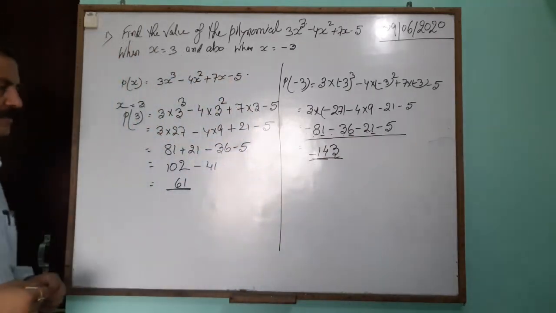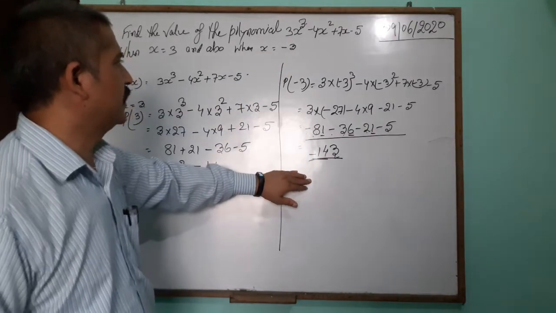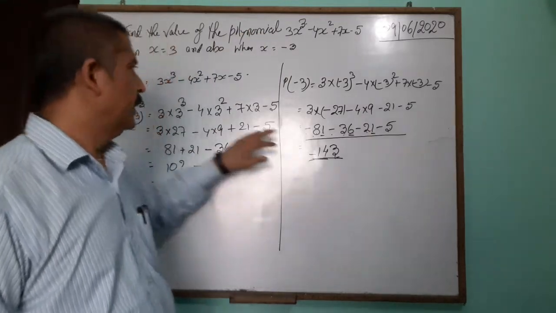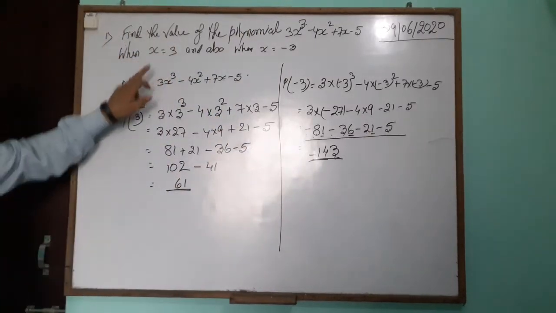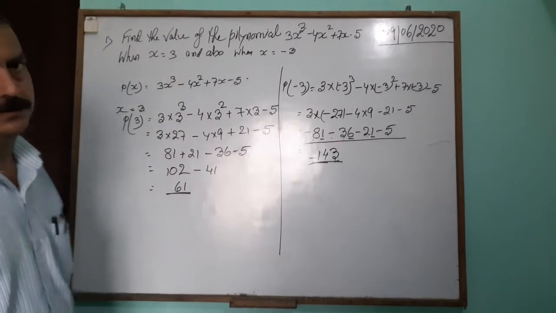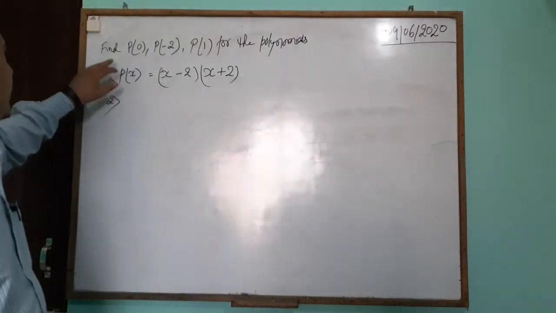When the value of x is minus 3, the value of the polynomial is minus 143, and when the value of x is 3, the value of the polynomial is 60. The next question is a different type of question.